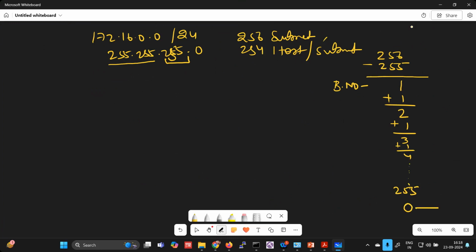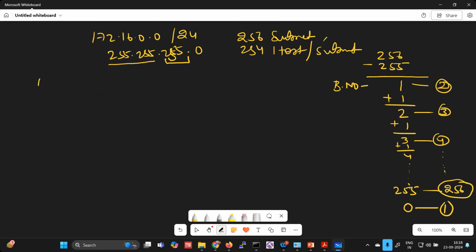So 0 will be the first subnet address, 1 will be the second subnet, 2 will be the third subnet, 3 will be the fourth subnet, and so on. 255 will be the 256th subnet. Now you have to write the IP address range, network address, and broadcast IP address of each subnet.